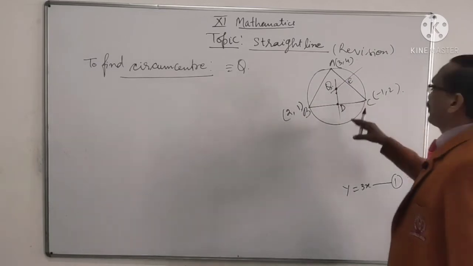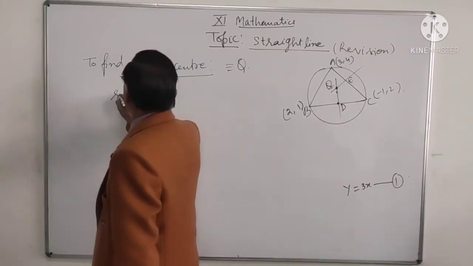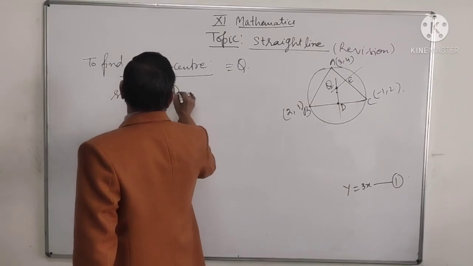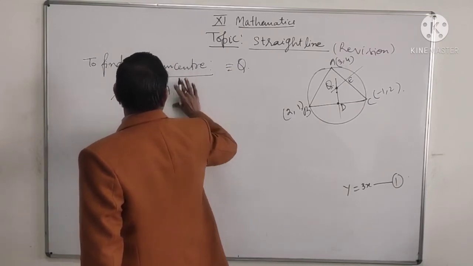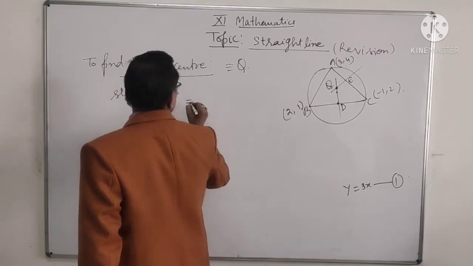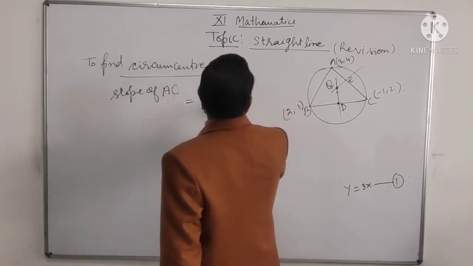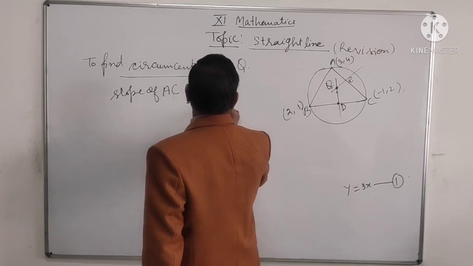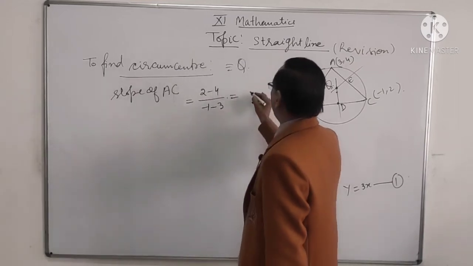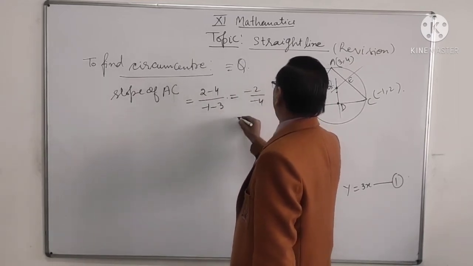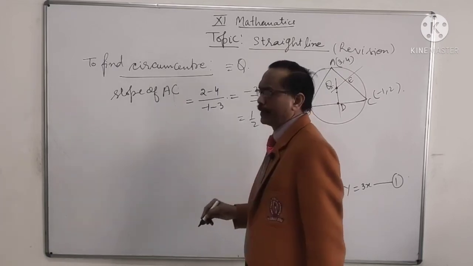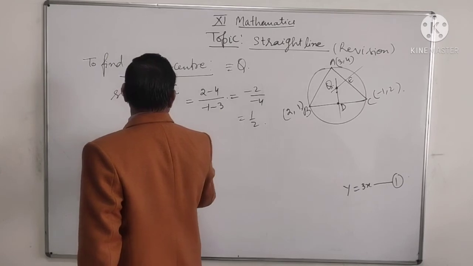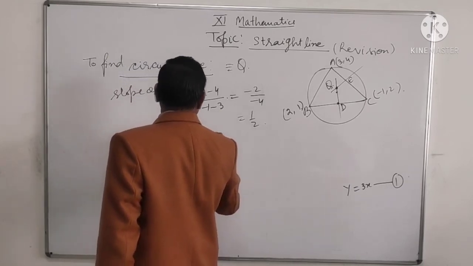Now slope of AC. It is 2 minus 4 upon -1 minus 3. It is -2 upon -4, or it is 1 by 2. Then slope of QE is -2.